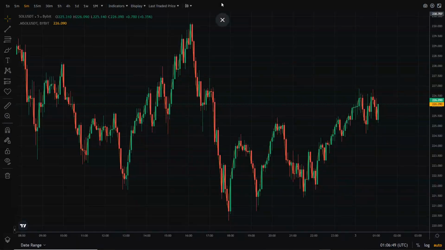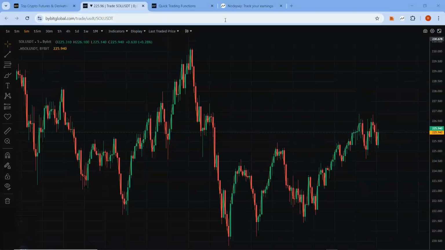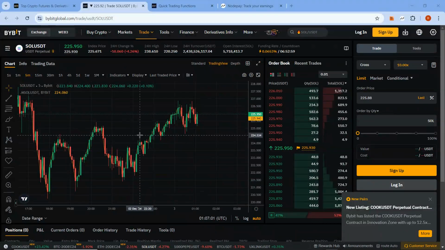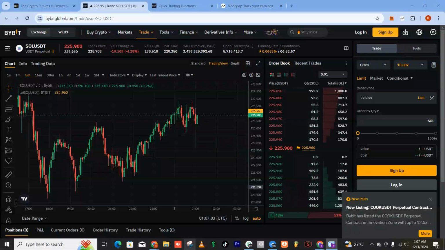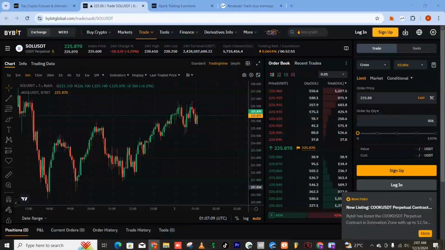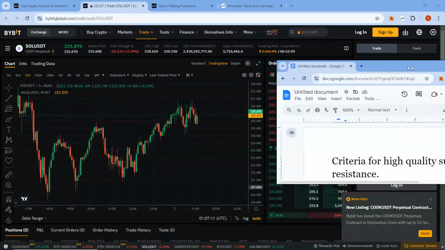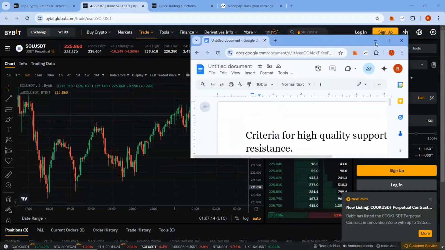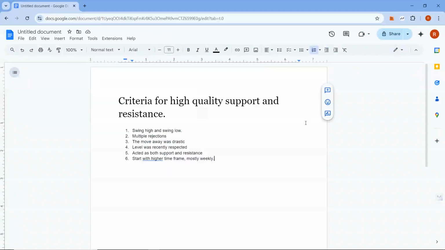I'm using Bybit's charts overview, so you can see the chart now, and this is their chart data. So this is what we'll be doing. I'm going to pull this up so you guys can see this.